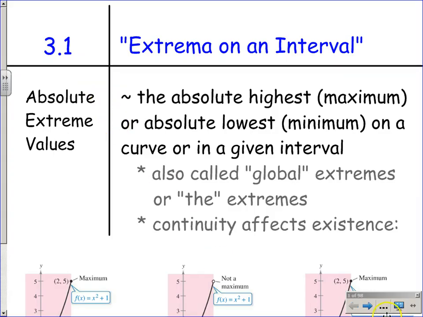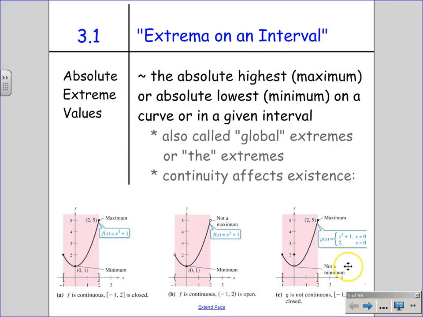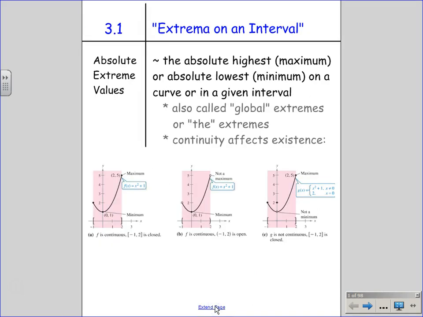So Chapter 3A is all about analysis or behavior of functions, how they move, how they change, and how the derivatives help us with that. And let me just give you a peek at where we're going.